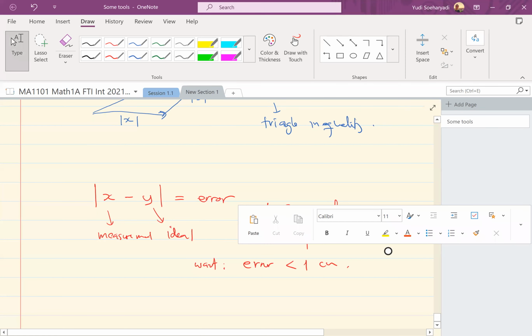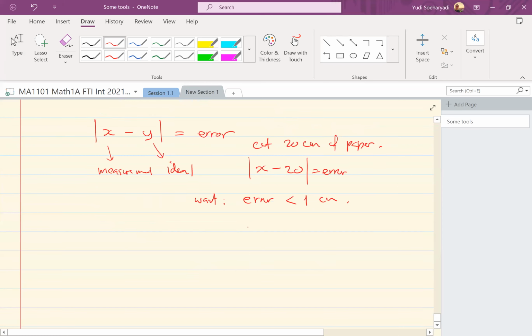That means the absolute value of x minus 20 is less than 1. So here the least x can be is 19, and the largest x is 21.